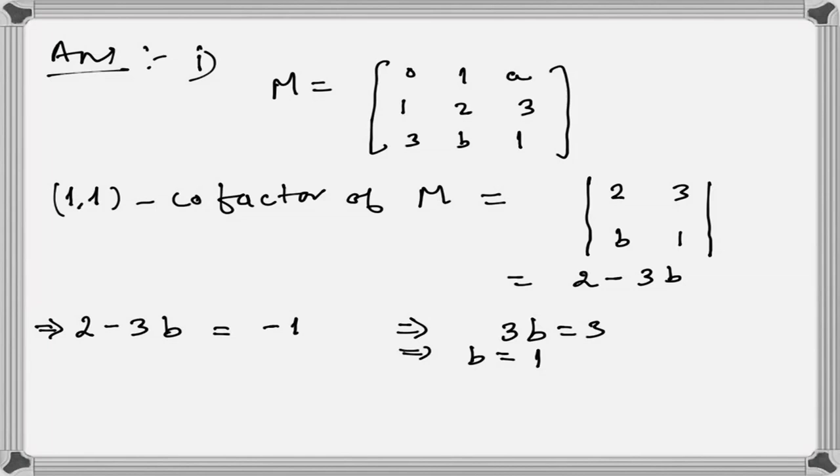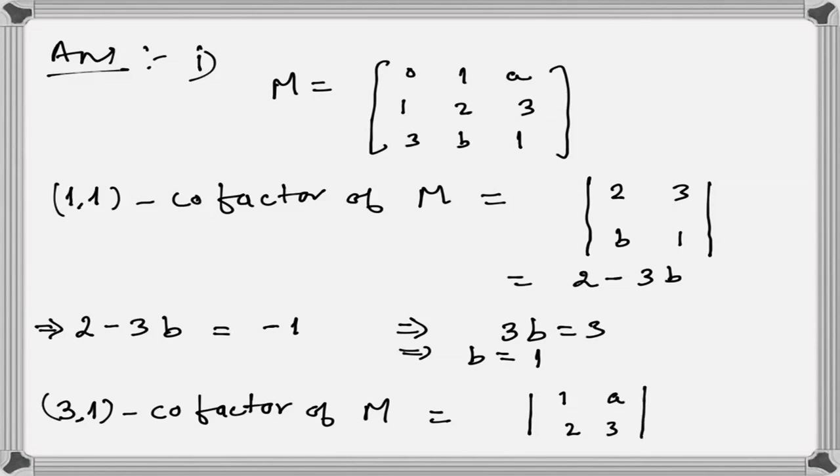Now let's find the 3 1 cofactor of M, which is the determinant of the submatrix obtained by deleting the third row and first column. This is 1 a, 2 3, the determinant of this 2 cross 2 matrix, and this is 3 minus 2a.